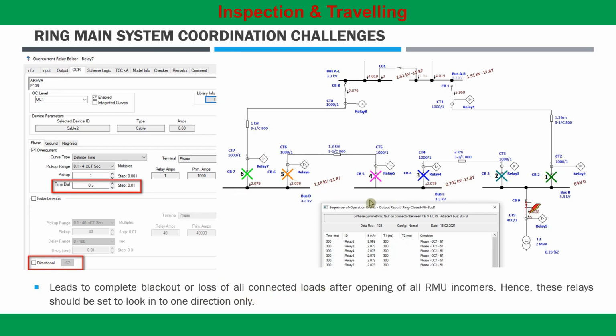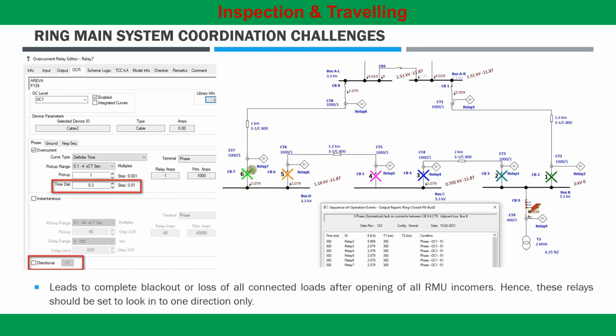Hence, these relays should be set to look in one direction only. As you can see in this figure, the incoming relays are set as non-directional and a definite time of 300 millisecond is applied for all the incoming relays to maintain the same protection settings, which does not work in this case.